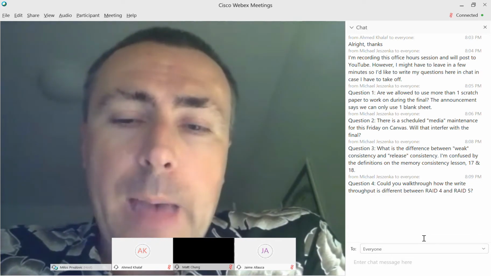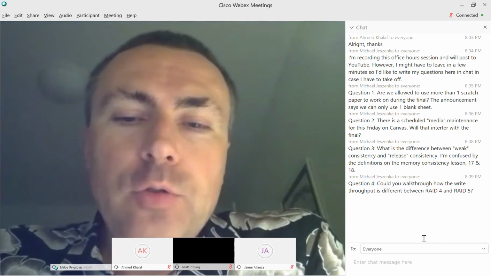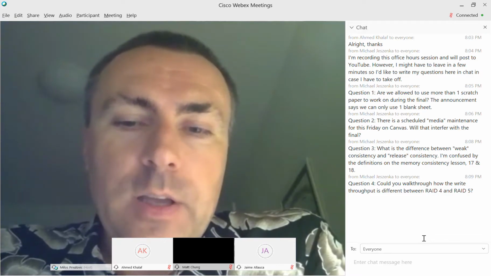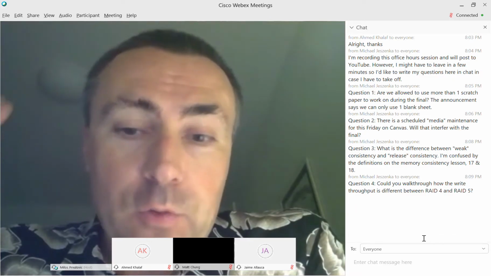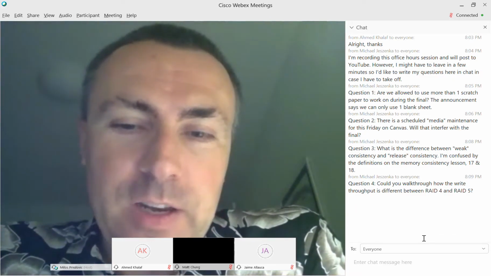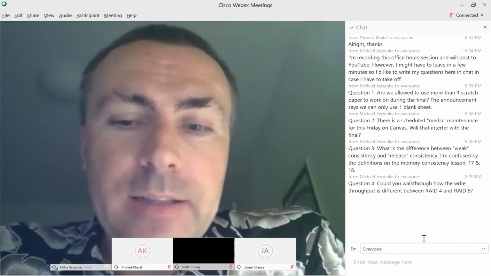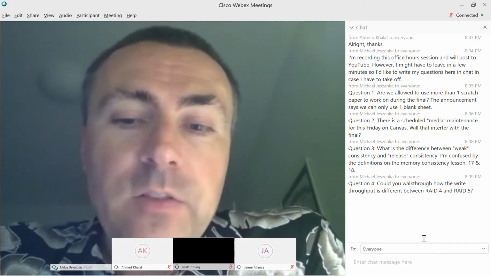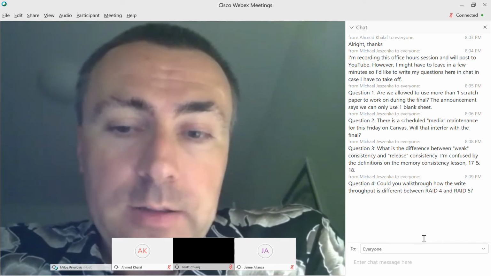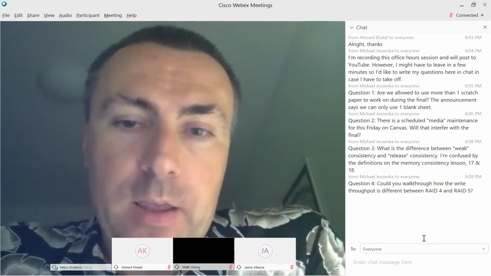So if I try to do multiple writes to the array simultaneously, all of the parity updates for them, 2 per write, need to be serialized. So the parity disk becomes the bottleneck, and effectively you have, for writes, half the throughput of a single disk for all the writes on the array.